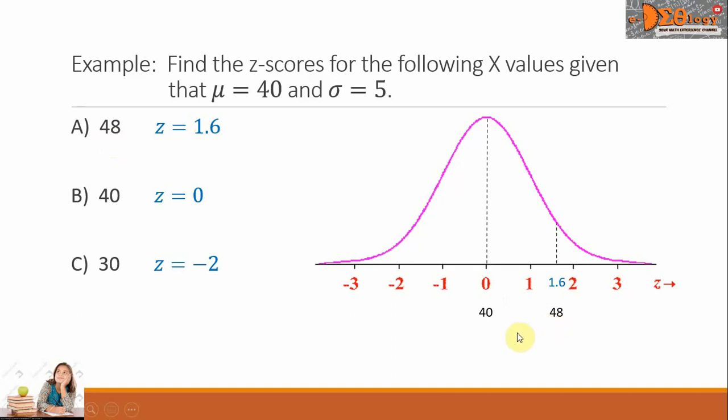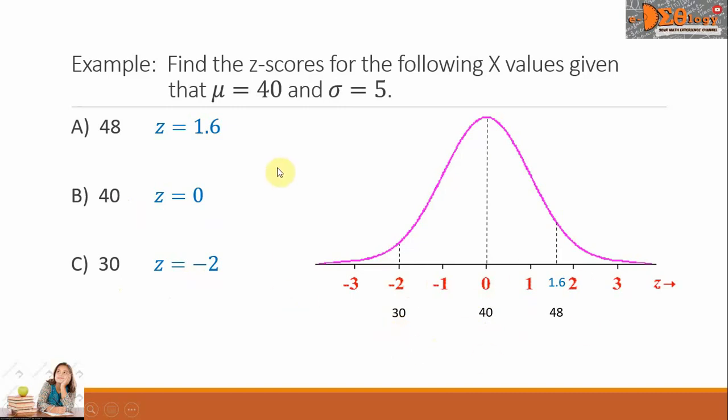So 48 is on the right of the mean. Letter B is 40. So the z equals 0. So the x value 40 is the same value with the mean. Next, letter C, z equals -2. -2 is here. So that is where the value 30 lies.